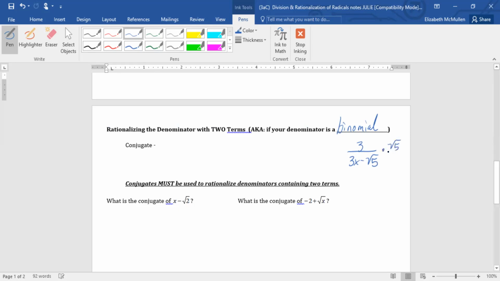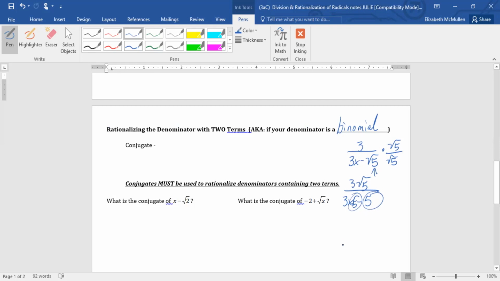It gets rid of the one here. Gives me 3 radical 5 over 3x radical 5 minus 5. So I got rid of my radical here, but I just moved it over here. Yeah, not going to be successful.